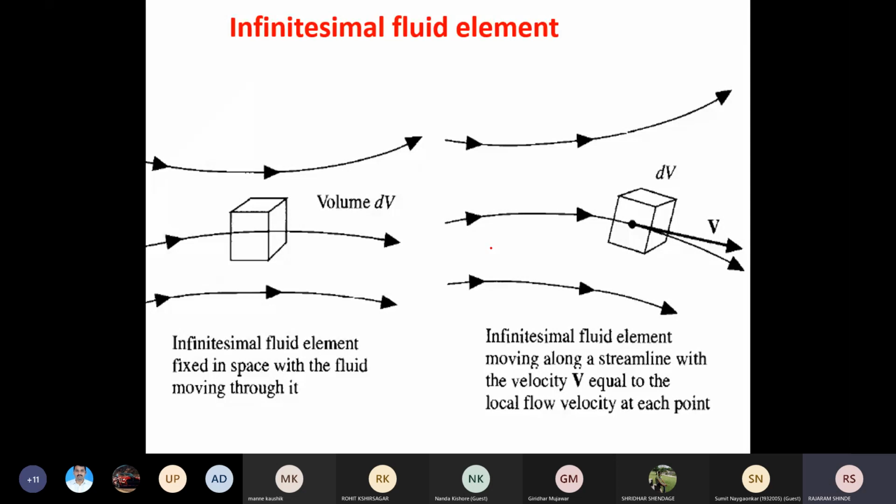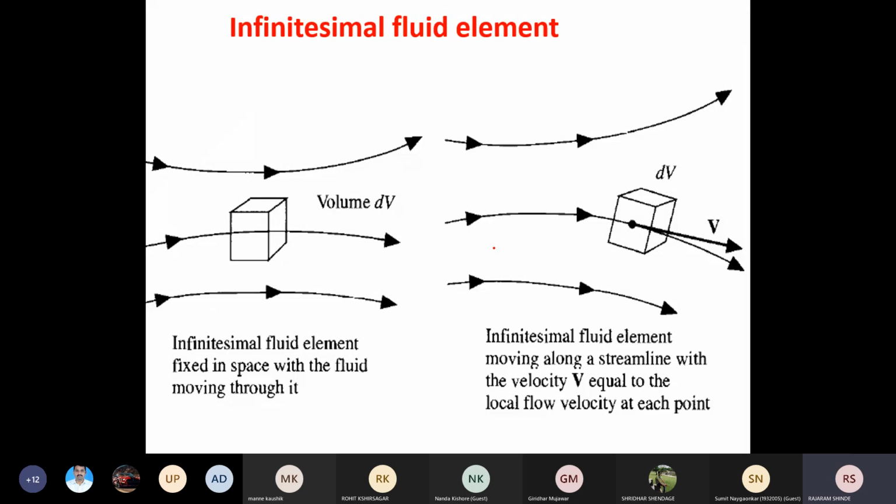One more thing I want to tell you here: using some mathematical manipulation, we can convert any mathematical model from its integral form to the differential form, or from the differential form to the integral form. That means we can convert any form of the mathematical equation from one form to the other form.